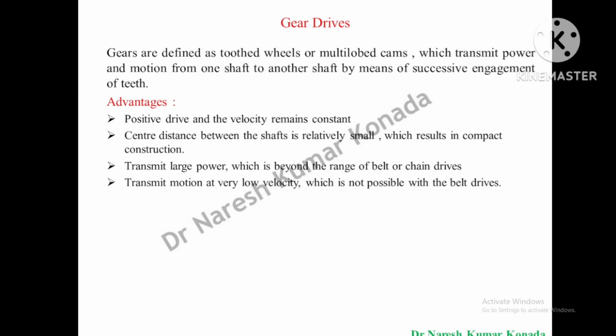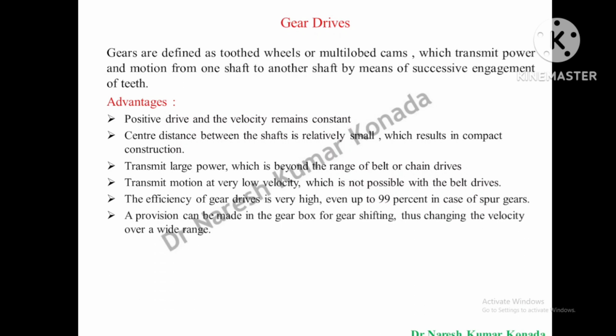Gear drives can transmit motion at very low velocity which is beyond the range of belt drives, and the efficiency of the gear drive is very high. We can achieve efficiency of the order of 99% in the case of spur gears, and a provision can be made in the gearbox for gear shifting for changing the velocity ratio over a wide range.